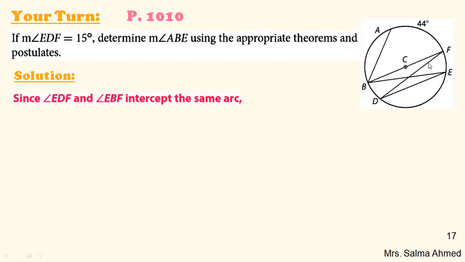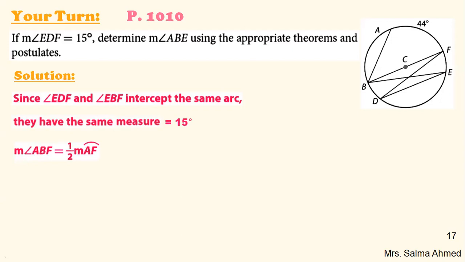If I have angle EDF and angle EBF, they intercept the same arc. Do you see? EDF and EBF have the same arc EF. So if they intercept the same arc, the two angles are the same. So if this is 15, the other one will be 15.